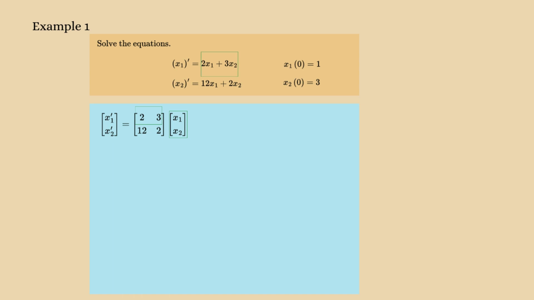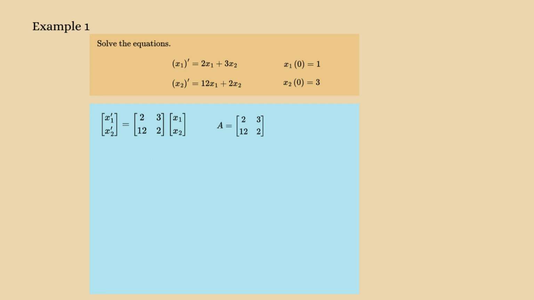And similarly, the second row, 12, 2, multiplied with the first column, x1, x2, will give you the correct second right-hand side, 12x1 plus 2x2. This matrix equation is better because this matches the form x prime equals Ax, given in our recipe, where A is equal to 2, 3, 12, 2, which is a 2x2 matrix.